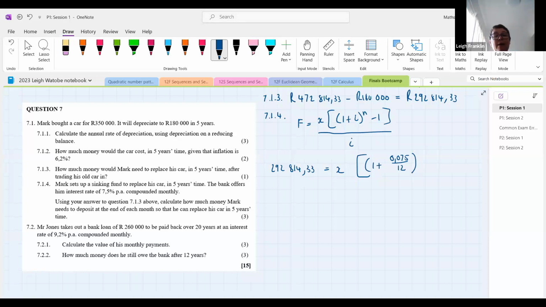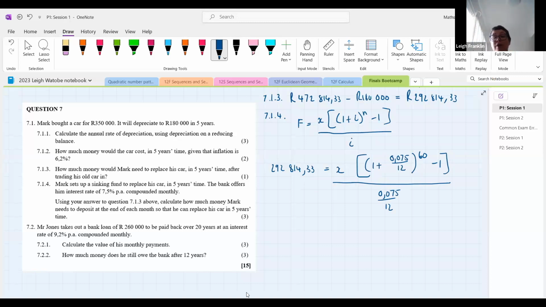So if it's 1 payment per month for 5 years, that would be 60 payments. So n would be equal to 60. Okay, and then here we've got our 0.075 over 12. Okay, so that's what you would be doing in question 7.1.4.